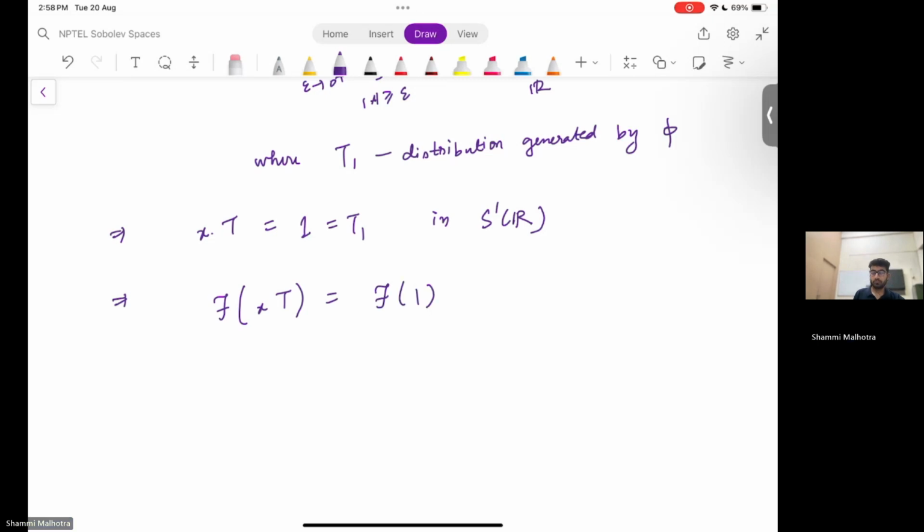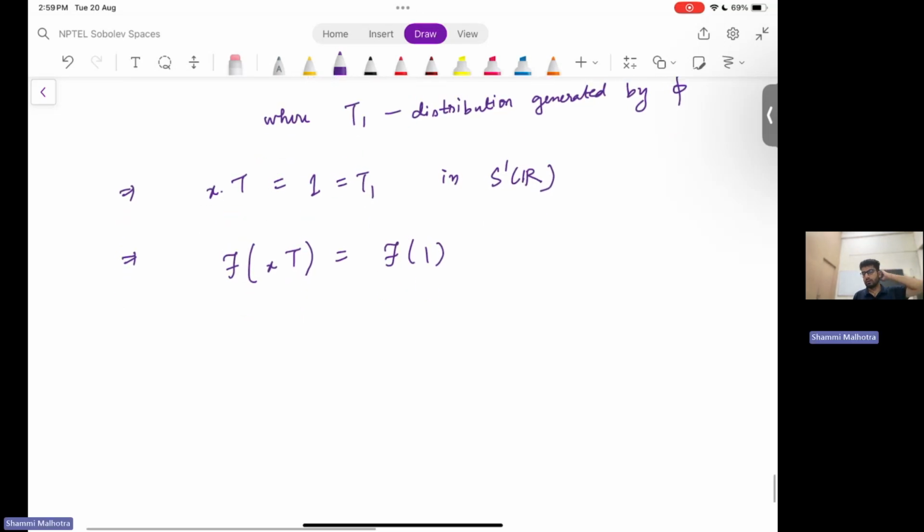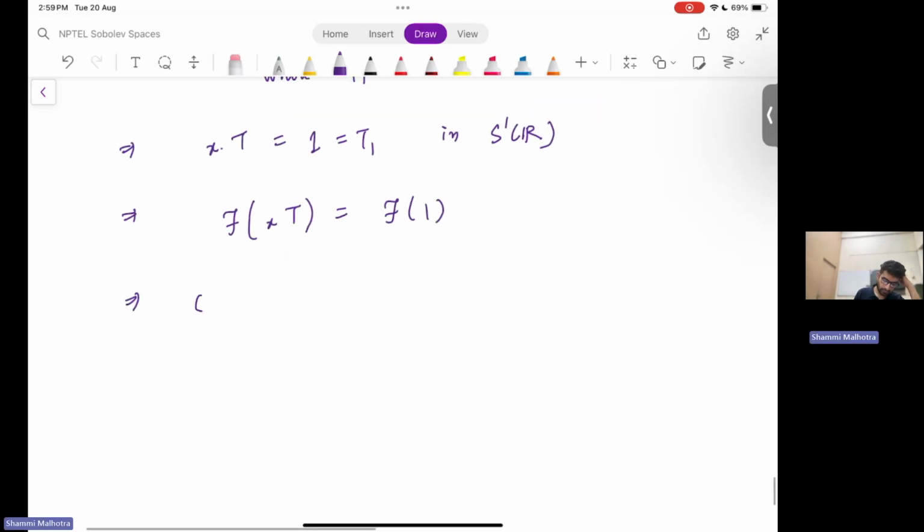Now, we use the fact that if you take the Fourier transformation of x times a distribution, this is nothing but the derivative of the Fourier transformation of the distribution. So this is minus 1 divided by 2 pi i times d by dy, and this is a derivative of order 1 only, because we have only one factor of x. What is the Fourier transformation of 1? It is just the Dirac delta only.